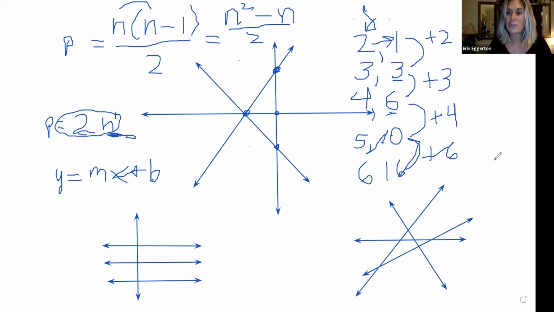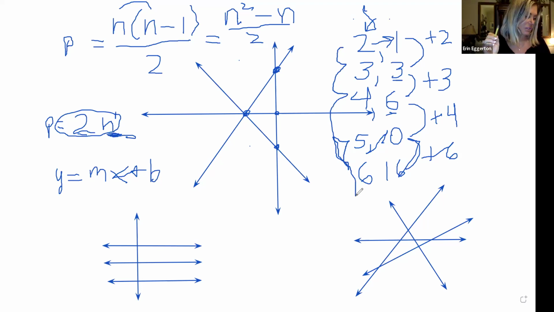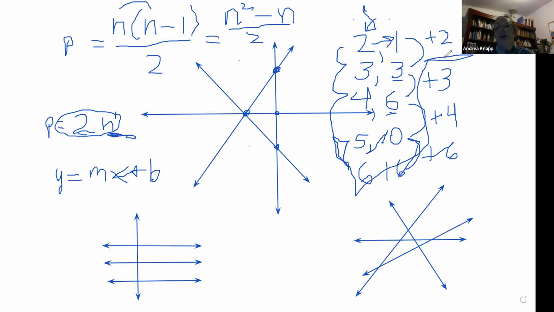Wait, hold on. No, the number of lines is going up by 1 every time, and the number of intersections is increasing. The change is increasing by 1 every time.